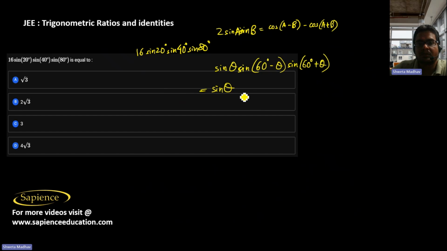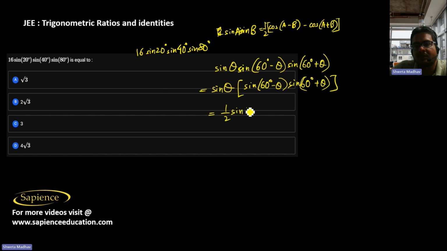So this sine 60 degree minus theta into sine 60 degree plus theta, it means sine A sine B, I can write as half of cos A minus B minus cos of A plus B. So this can be written as half of, means half of sine theta.